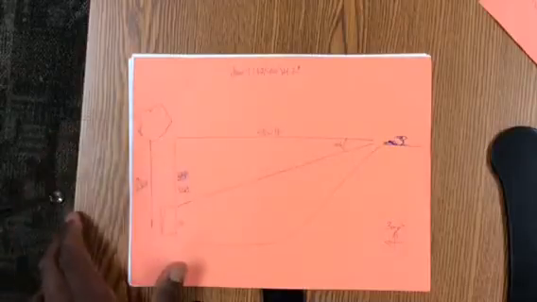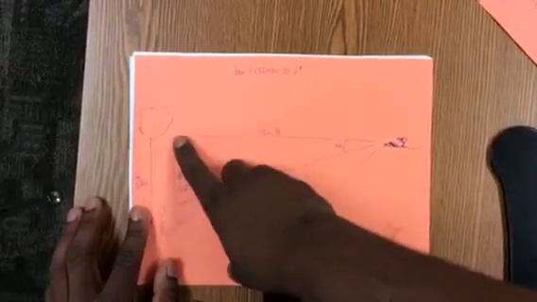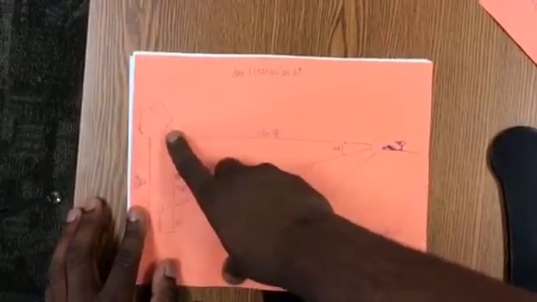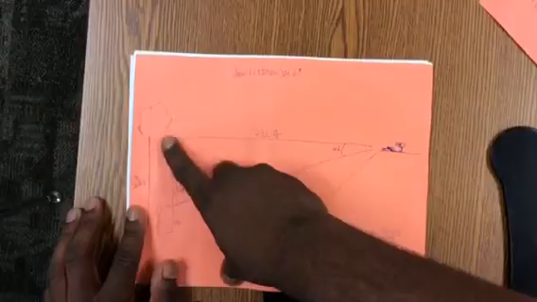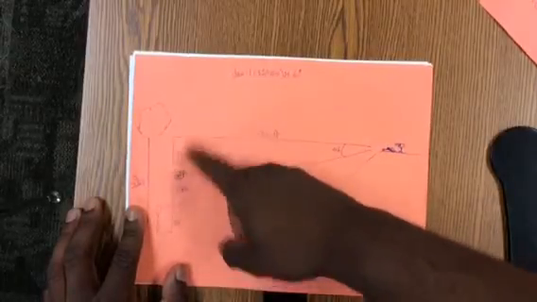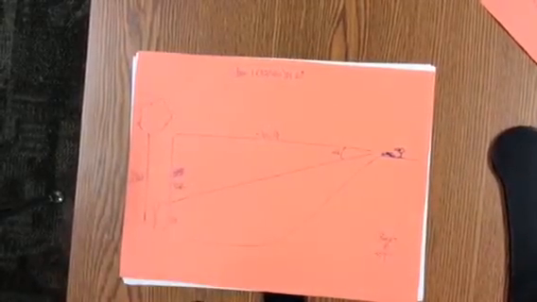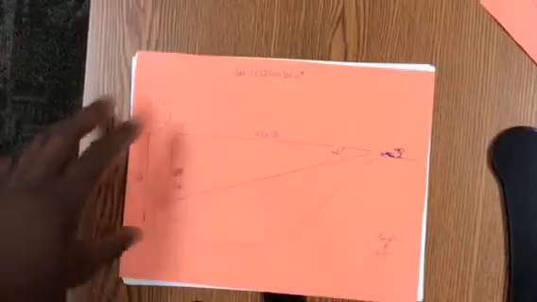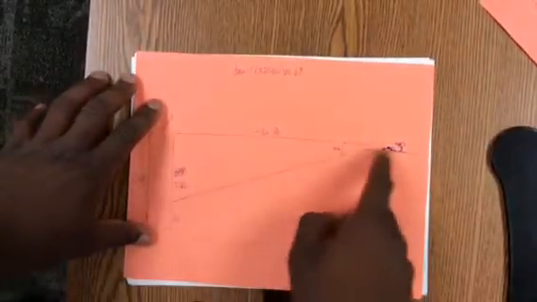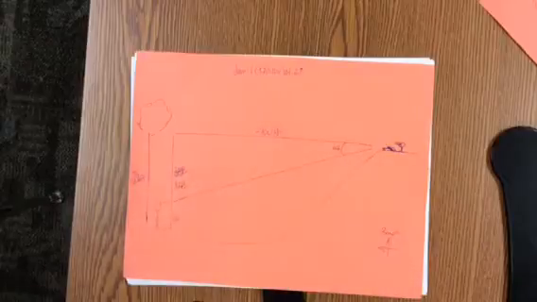So from the guy's head to the base of the tree is 32 feet right here. We can draw a triangle here, and all we're missing right now is the degree. To find the degree, we have to use the inverse tangent, tangent -1.